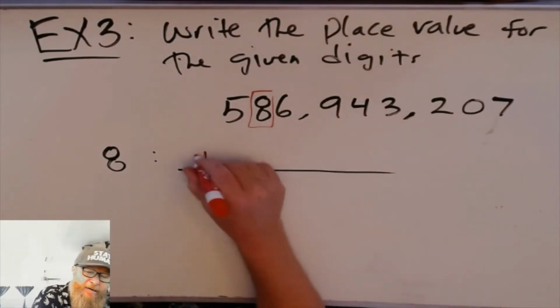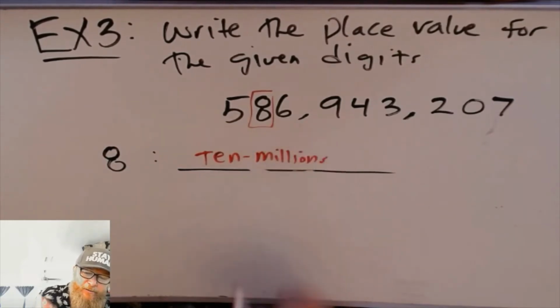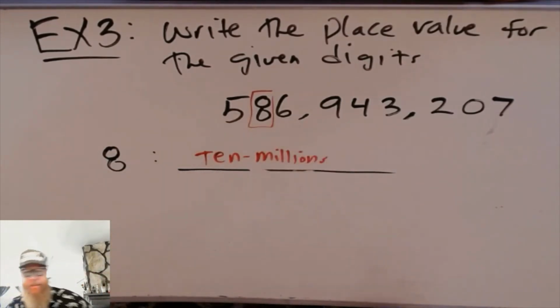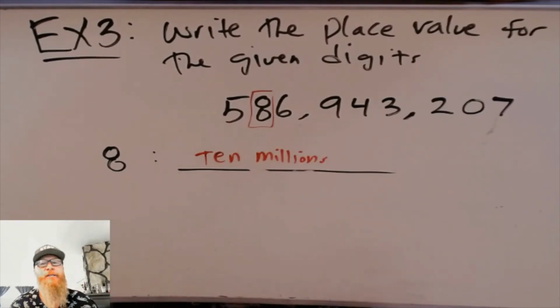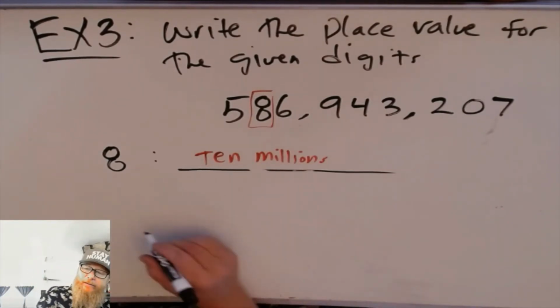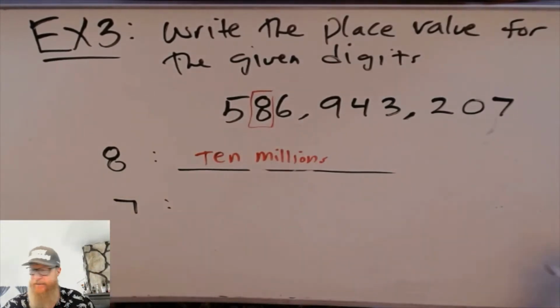So this would be 10 millions. You don't really need the dash there. You can just say 10 millions like that. How about the digit 7?